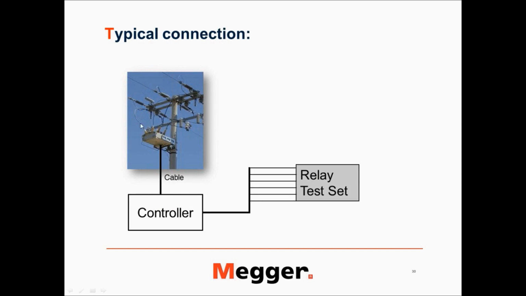To test the controller, you take that cable and remodel it so that you distinguish the CT connections, your PT connections, your trip circuit contacts, your closed circuit contacts, and everything that goes into the relay test set. That will be the typical connection method. So you have to create your own cable such that this connection, this communication, is made.